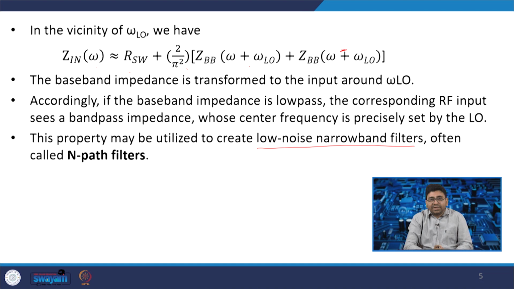The advantage of the N path filter is that whatever low pass configuration is at baseband will be up converted at the input side, and it will help to realize high Q filters by using the switch configuration and the baseband filter.